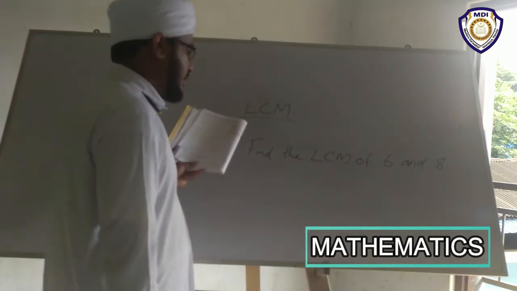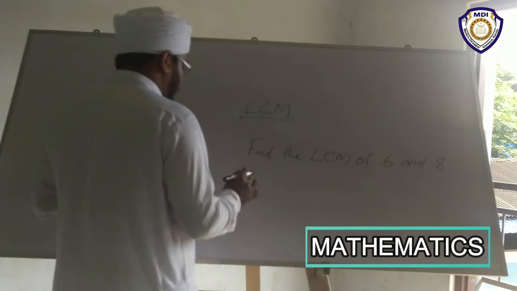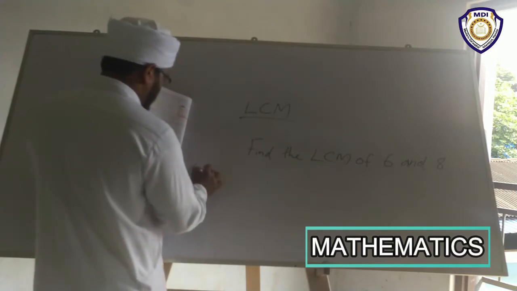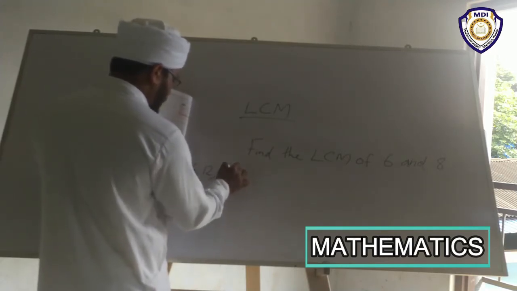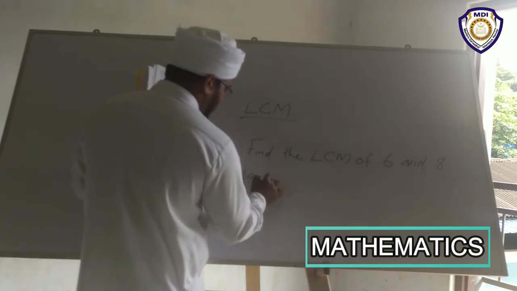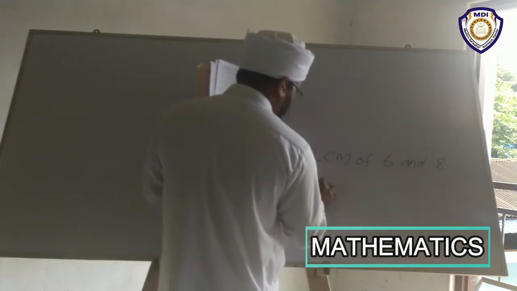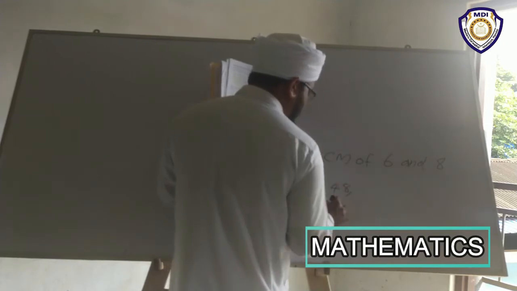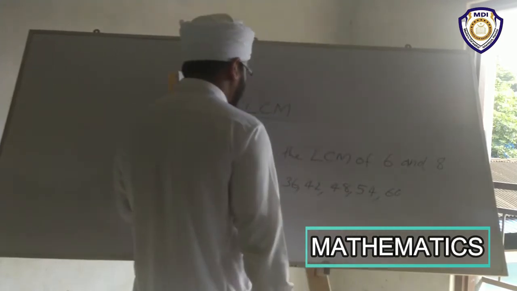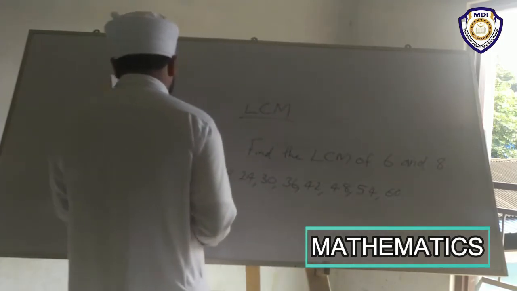First we find the multiples of 6: 6, 12, 18, 24, 30, 36, 42, 48, 54, 60. These are the 10 multiples of 6.